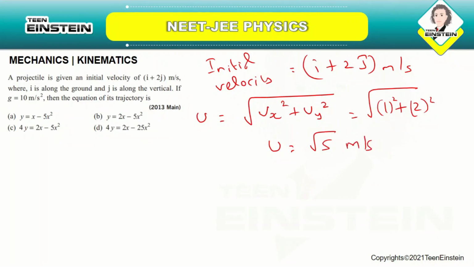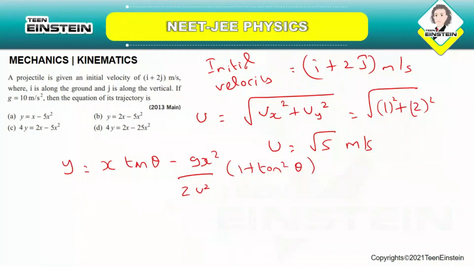Okay. So, the equation of trajectory of projectile is given by y is equal to x tan theta minus g x square by 2 u square into 1 plus tan square theta. Okay. So, we know that tan theta is equal to uy by ux, which is equal to 2 by 1, or which is equal to 2.